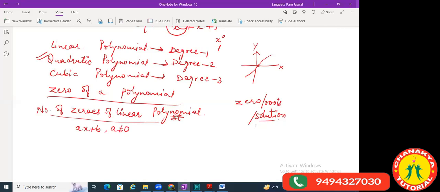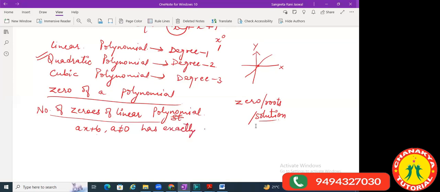If a becomes 0, what happens? This complete first term will be 0 and we are left with only b, which does not form an equation because there is no variable and no equality. So this linear equation has exactly 1 zero.